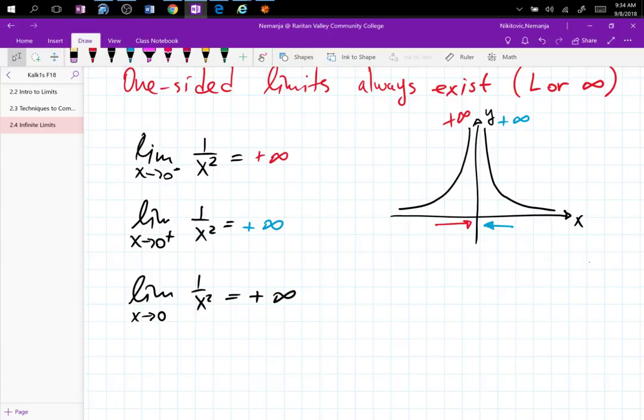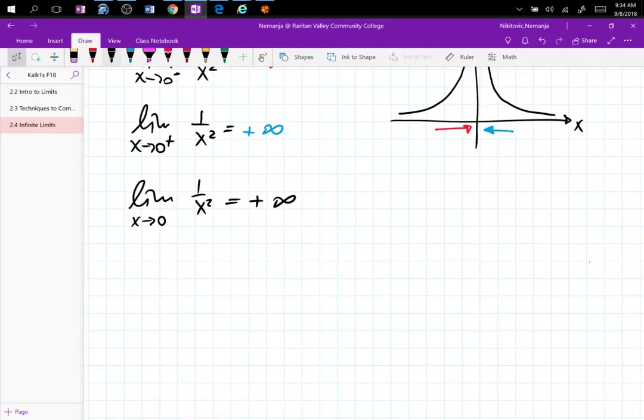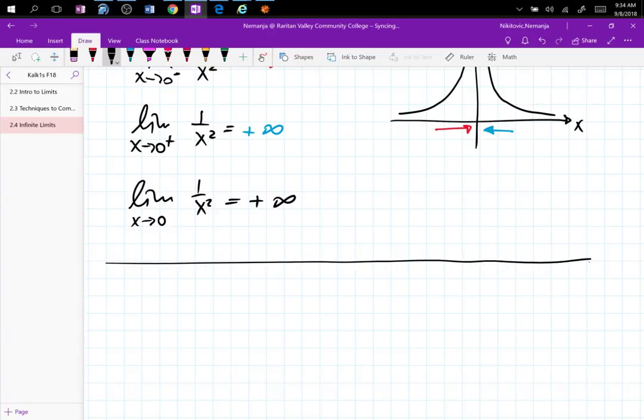And the lecture is over with its theory. Now we are going to do the application. The application for the infinite limits is going to be the vertical asymptote.